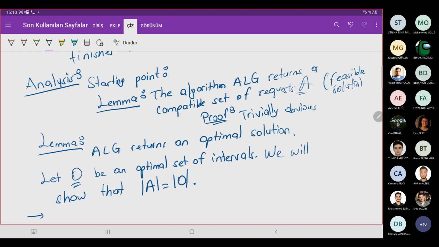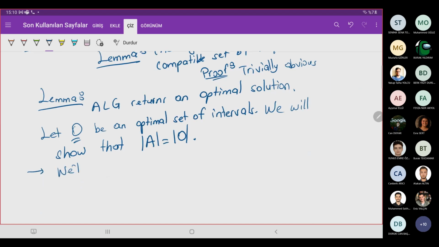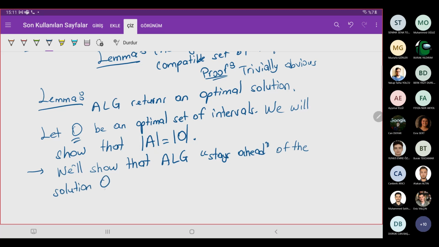We will show that A stays ahead of the solution O. It means that in every step it performs as well as the optimum performs.